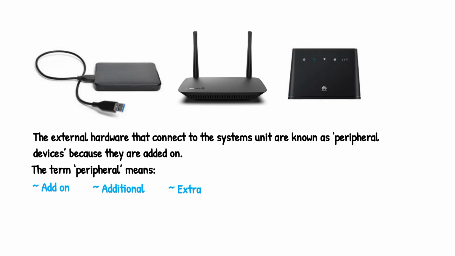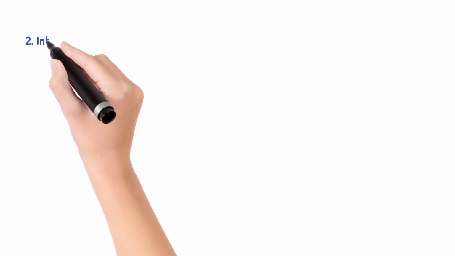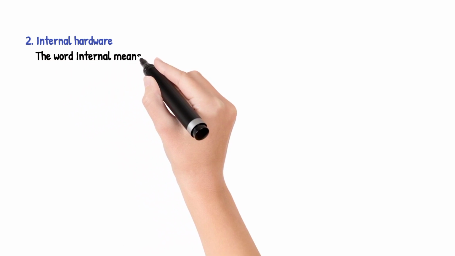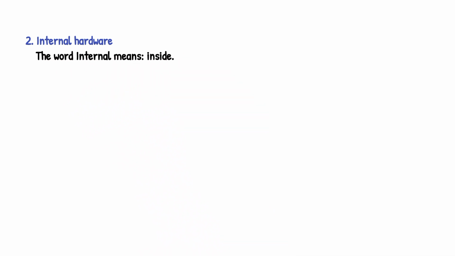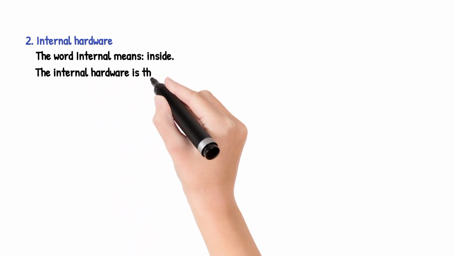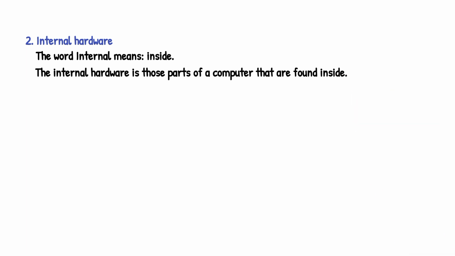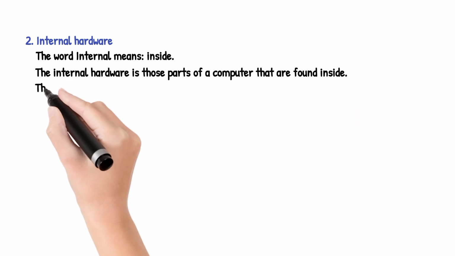Having said this, let's now move on to the second part of hardware, which is the internal hardware. The word internal means inside. The internal hardware is those parts of a computer that are found inside.